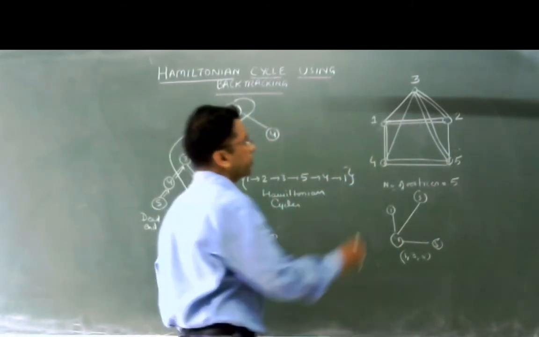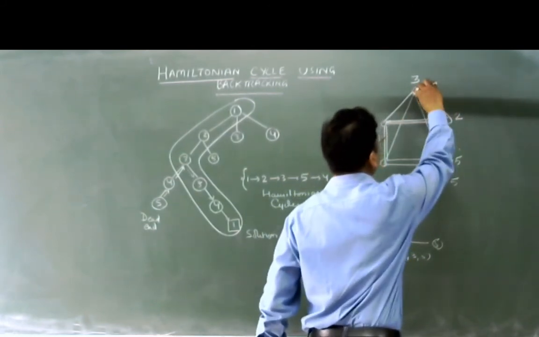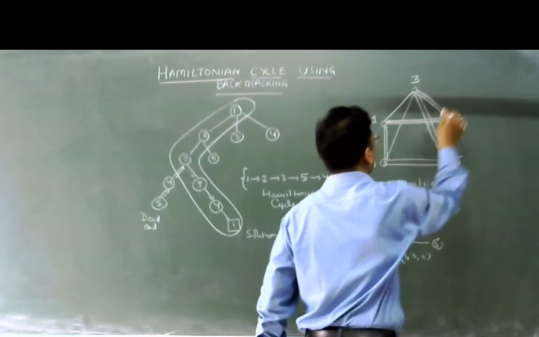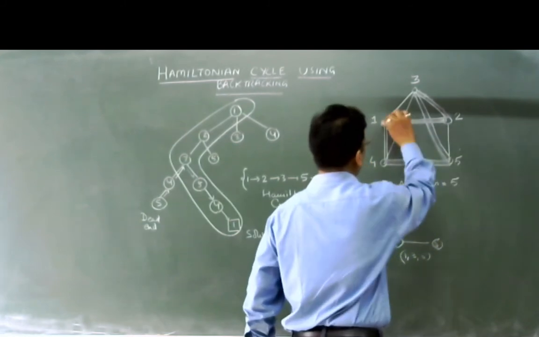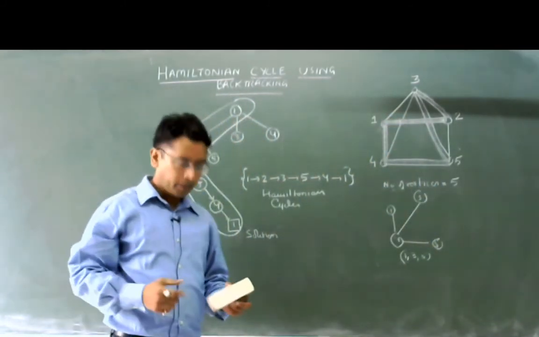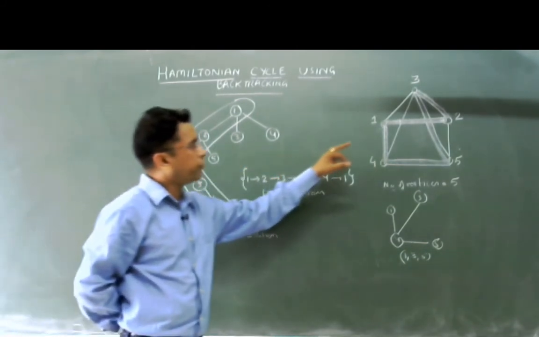I am highlighting that. And this is creating the Hamiltonian cycle between the vertices, containing exactly 5 edges.